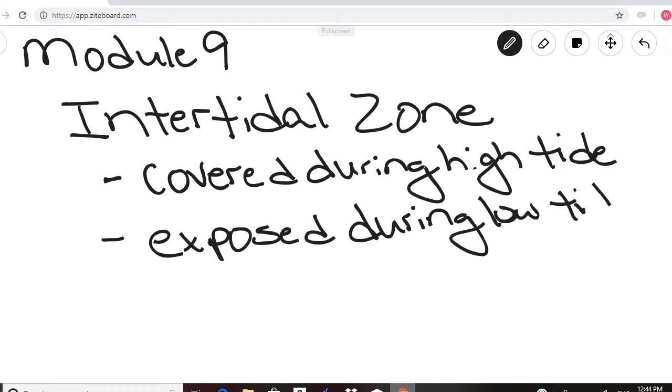So with the level of the water moving in and out as a result of the tides, that creates a unique ecosystem and unique challenges to the organisms that live in that ecosystem. So let's talk about that a little bit.